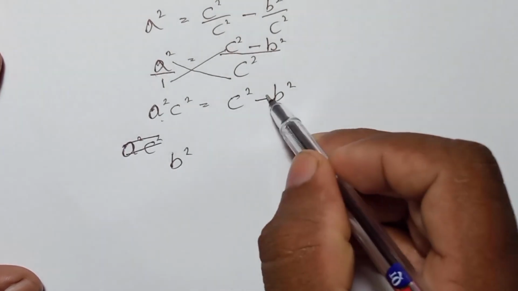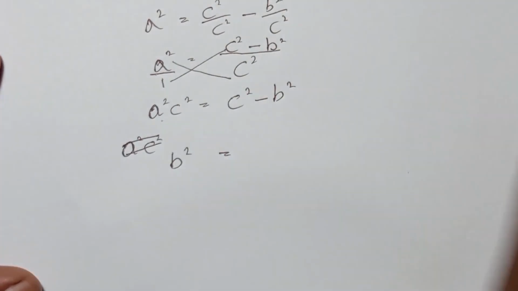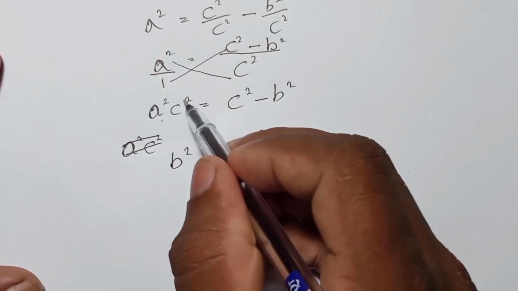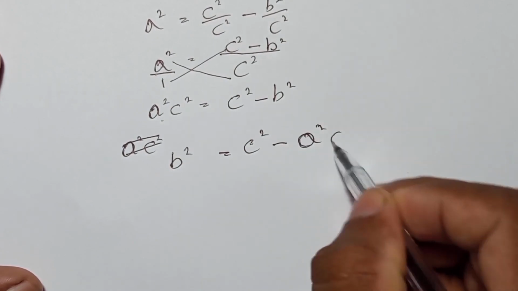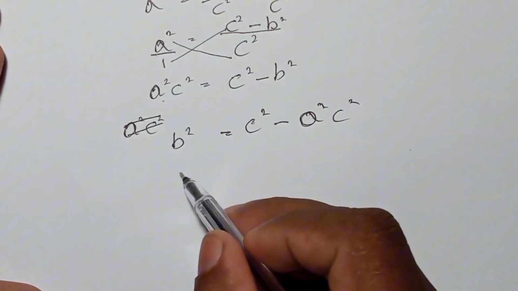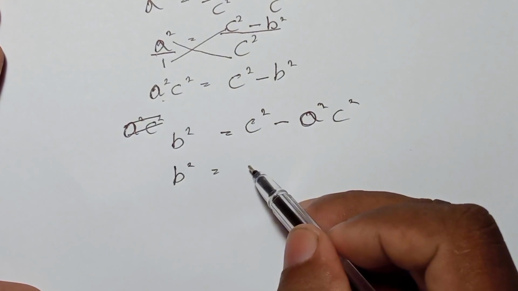If I bring this minus B square to this side, it will be positive, plus, right? And here we have C square, then I will bring this A square and C square to this side, so it will be minus A square and C square, right? Now on this side, I will get this C square outside, basically factorize, right?